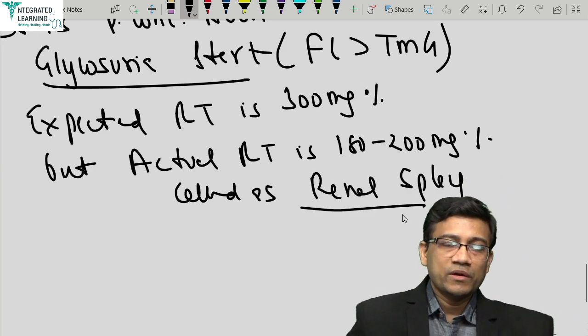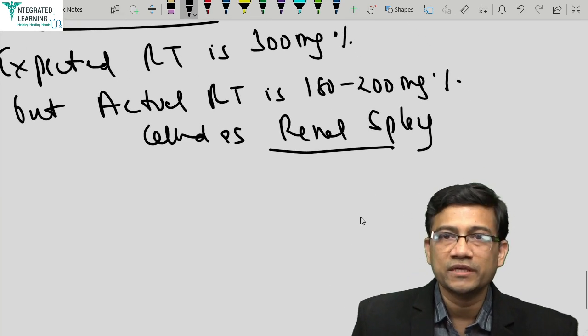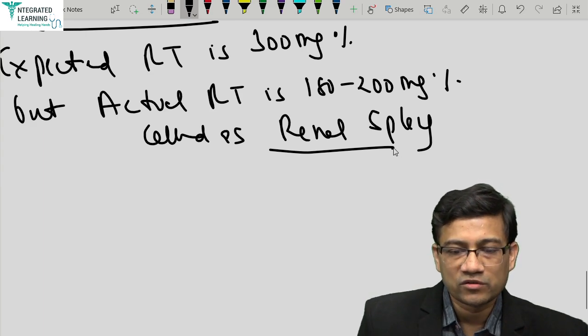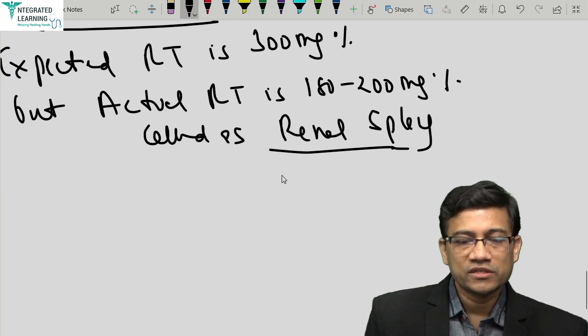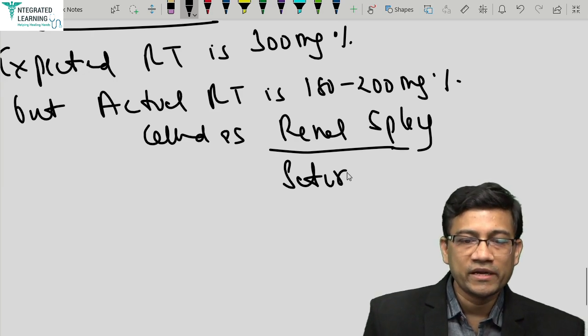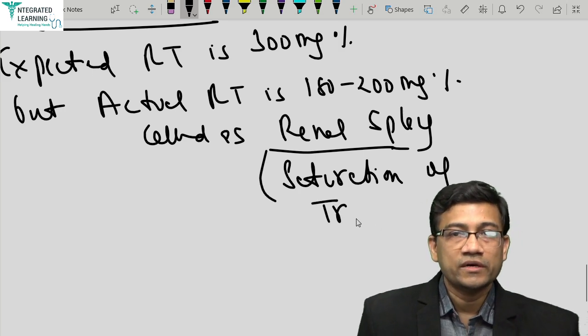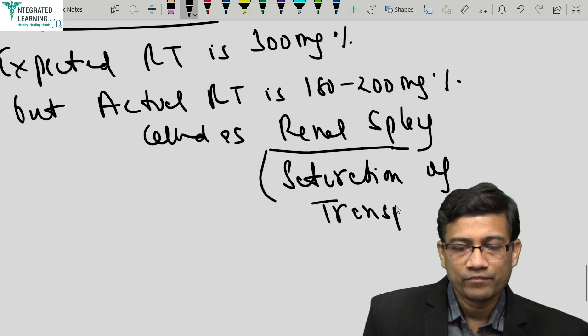Now there are multiple reasons, but one is that the transporters are not always working at maximum capacity, plus there are also many effects of hormones, etc. So what is the reason? Mainly it is saturation, and some is reversible binding. It is because of saturation of transporters, the GLUTs and the SGLTs, at high concentrations.